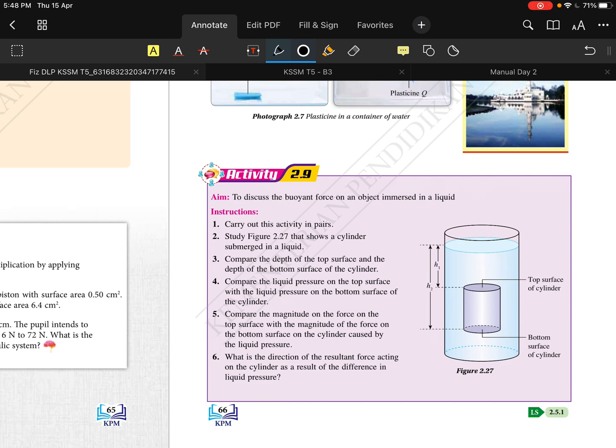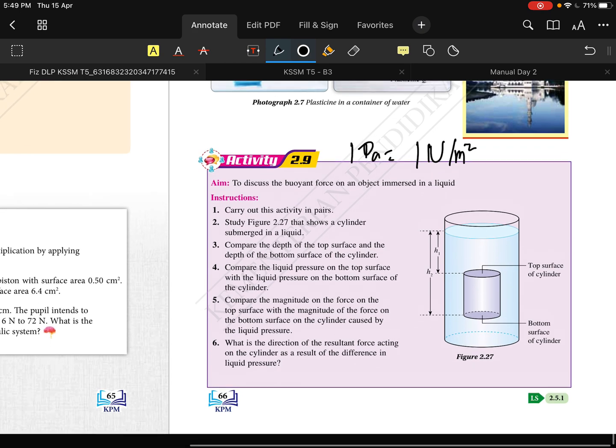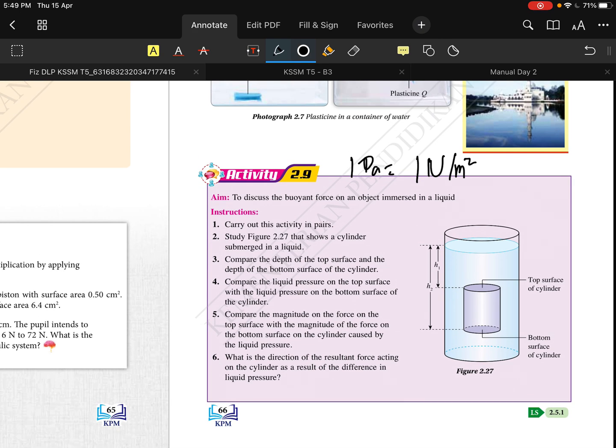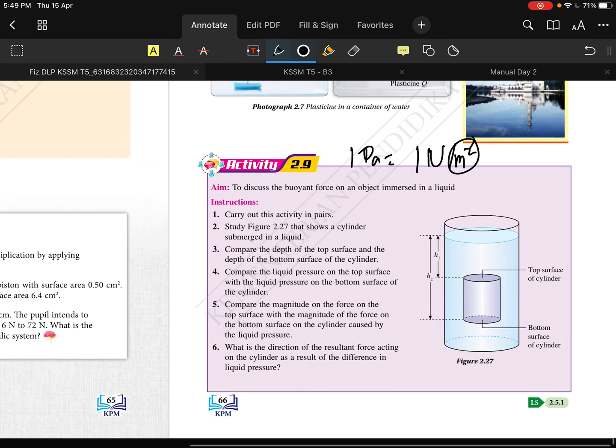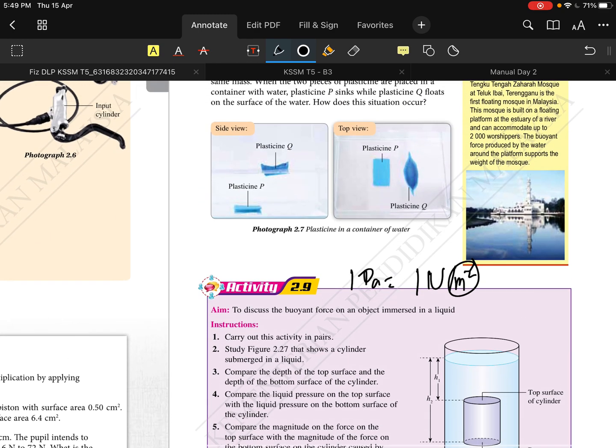Let me just search the SI unit for pressure. So pressure is in Pascal, and 1 Pascal is equal to 1 Newton per meter square. Normally, if you want to find Pascal, you want to convert all of the cm to m.